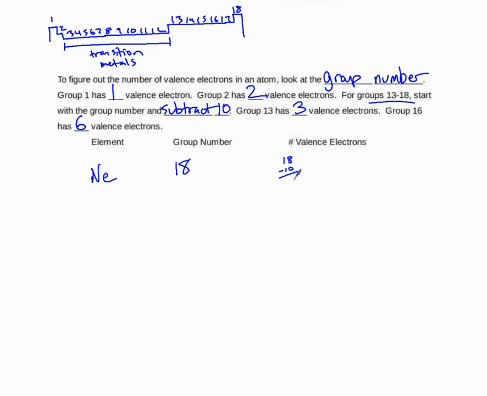So 18 minus 10 tells us that it has 8 valence electrons. Oxygen is in group number 16. When I want oxygen's valence electrons, 16 minus 10 tells me that it has 6 valence electrons.